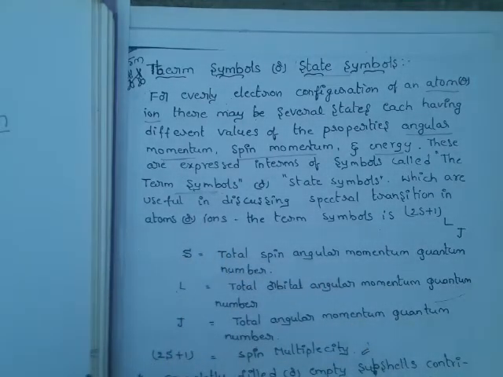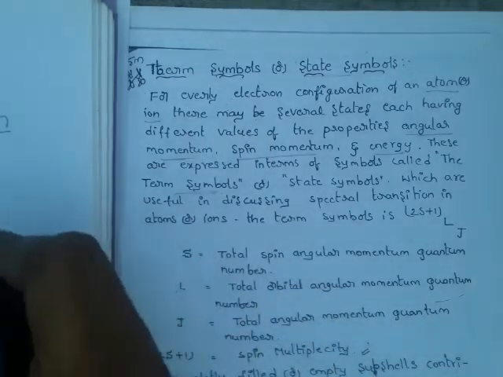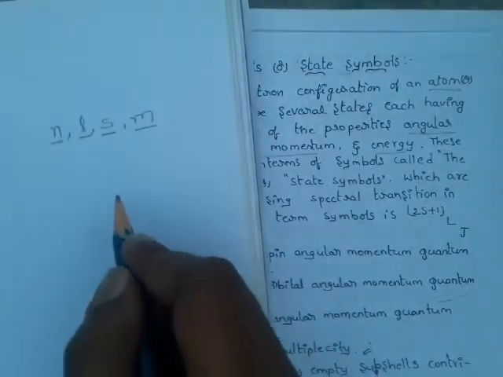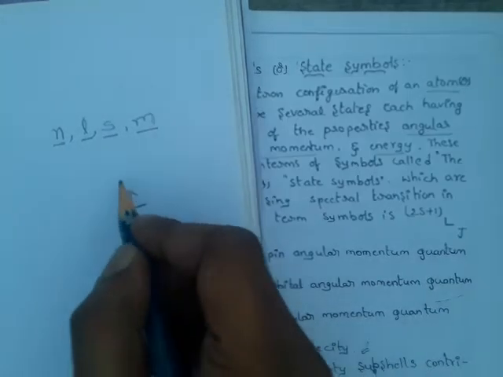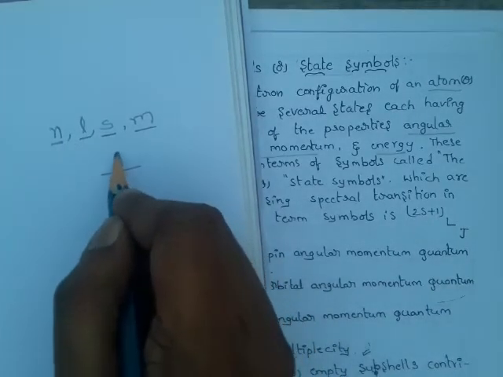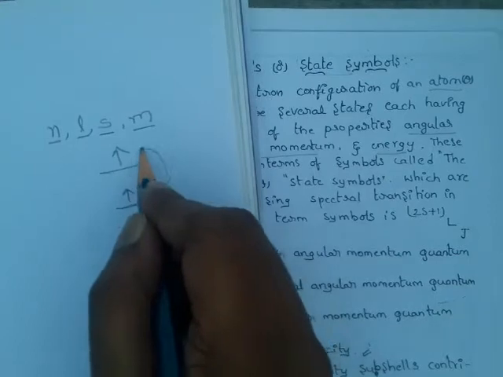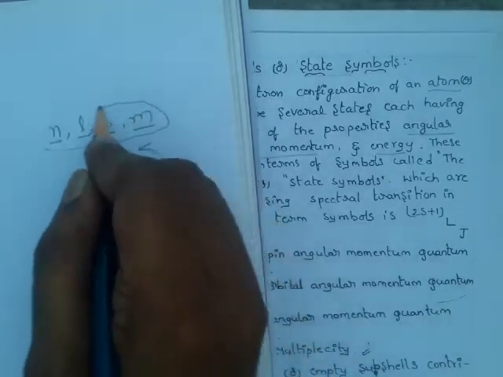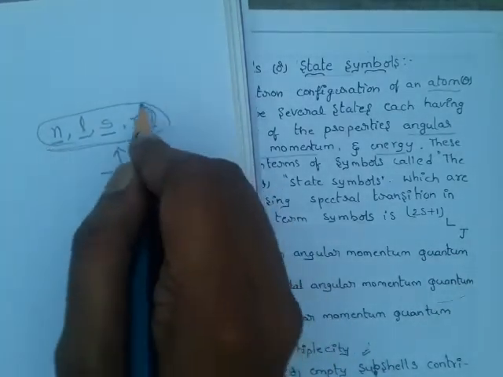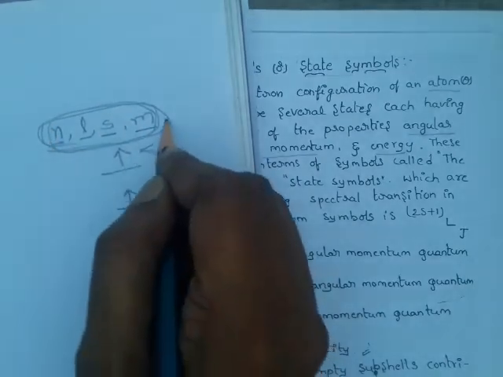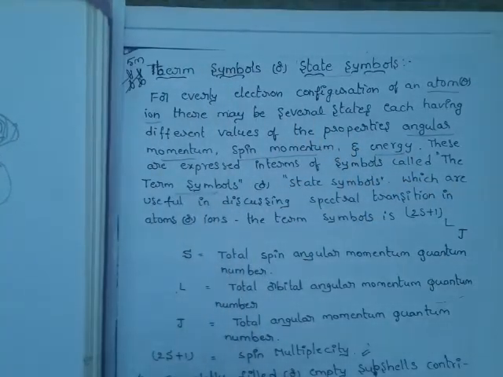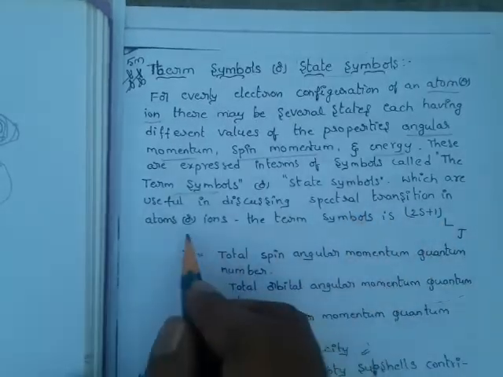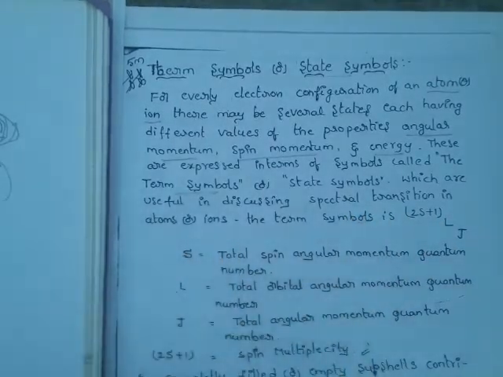So these are very useful in discussing spectral transitions in atoms or ions, where one electron is transferred from one energy level to another. These state symbols are used to explain spectral transitions in atoms or ions.